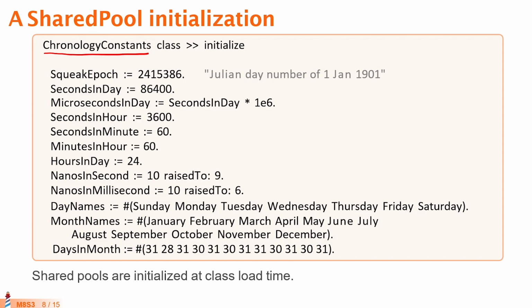Because a shared pool is a kind of class, the ChronologyConstants class has an initialize method, and it just says: the seconds in a day are this, how many seconds in a minute, how many minutes per hour, how many hours per day. It initializes all these shared variables that are grouped in a shared pool.